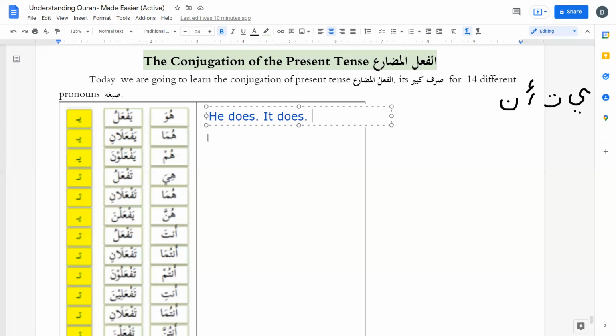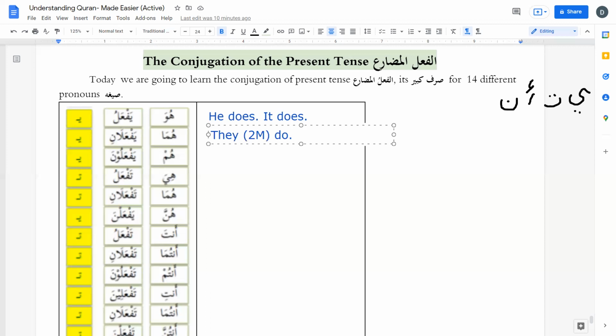Then we have huma, which means they, but they are two in number. So it's dual. Huma is dual in number, and two persons doing. So they means two males, right? So when we say yaf'alani, it means two males are doing something, or they are doing something, or they will be doing something.